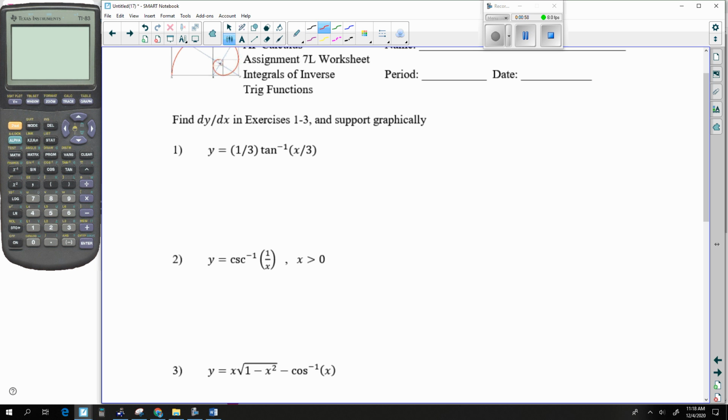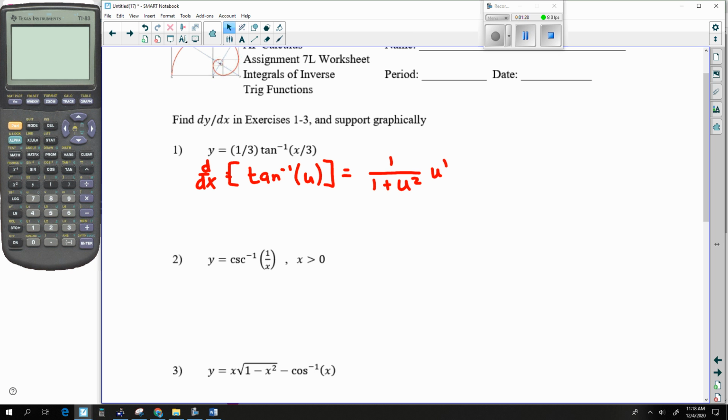The derivative with respect to x of inverse tangent of u is 1 over 1 plus u squared, times u prime. Okay, so that is what our tangent is.